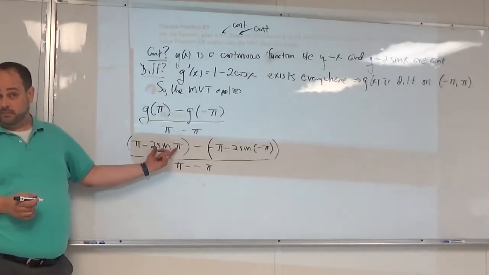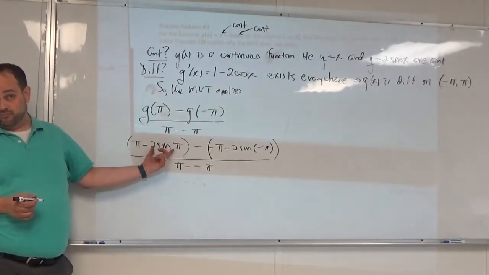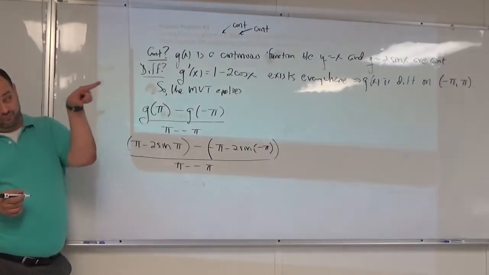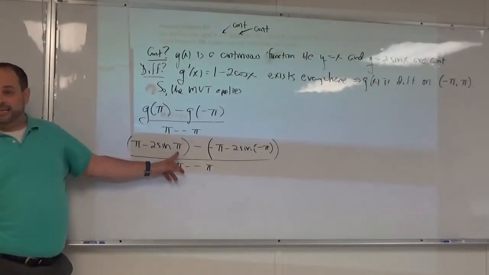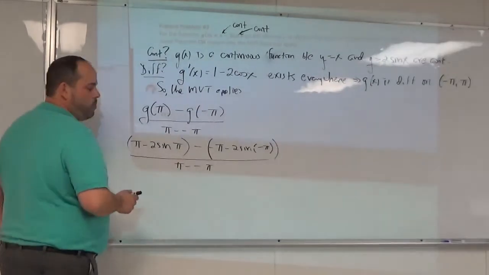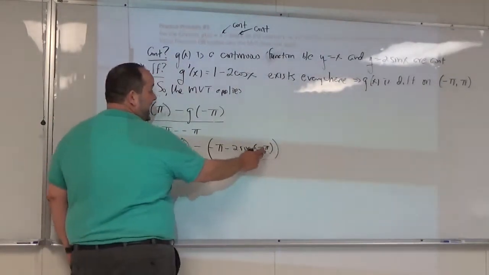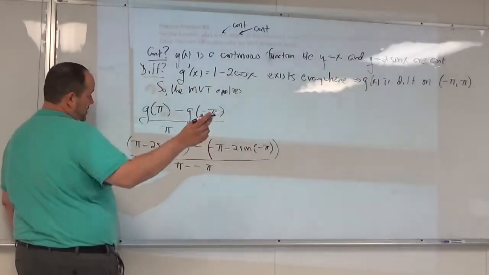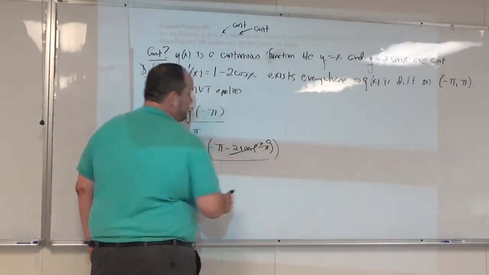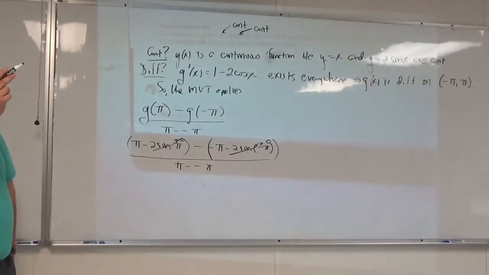Sine of pi. Pi radians, same as 180 degrees, but sine of pi is 0. Sine of negative pi, still 0, because you just went unit circle in the other direction.